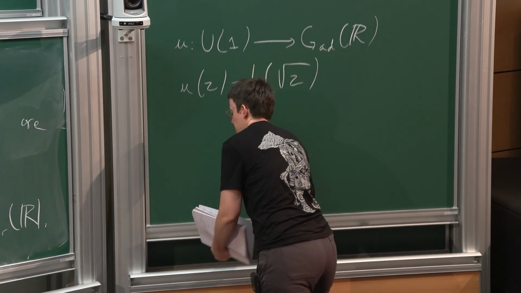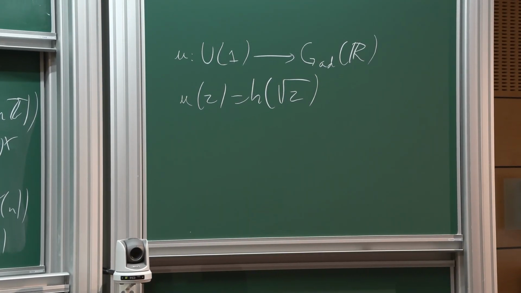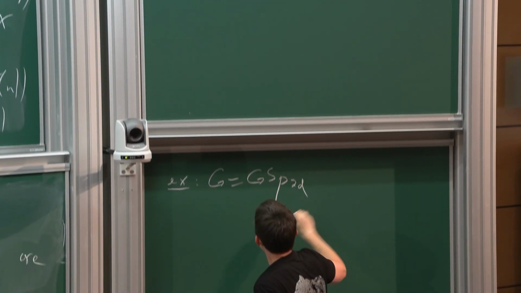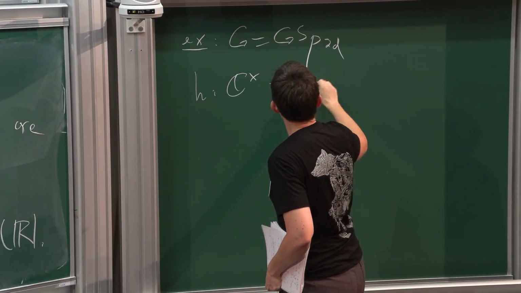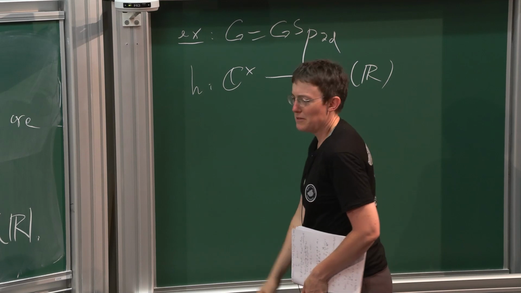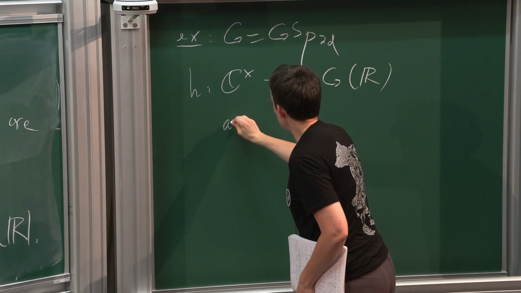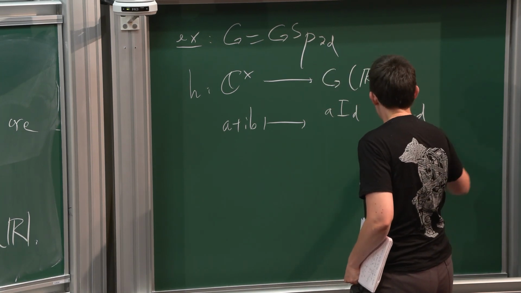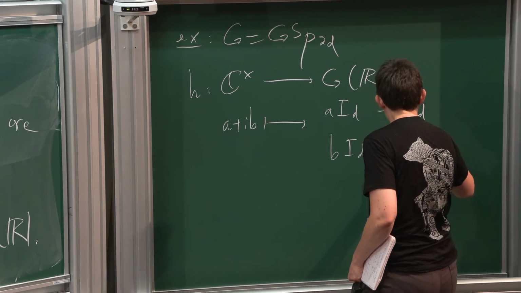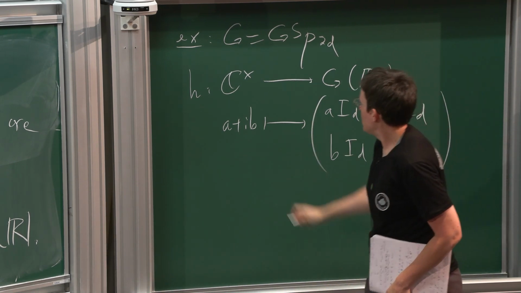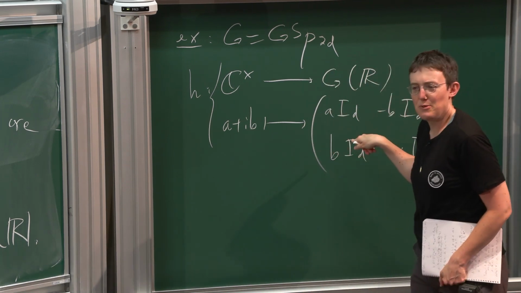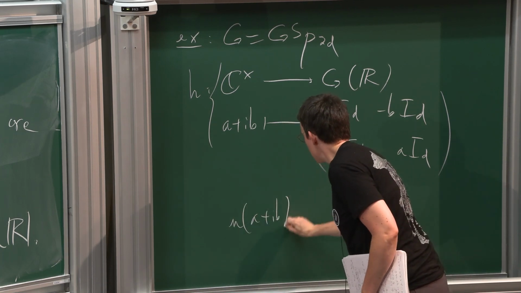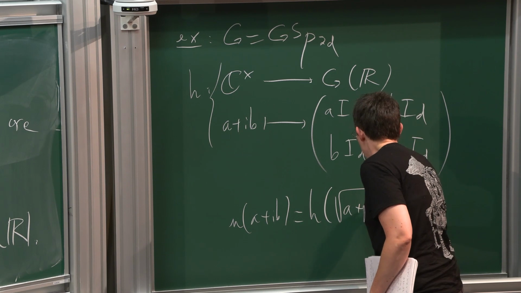So let me give you an example, because this is the only one we've had so far. Yesterday I told you that was U. That's not true. U of a plus ib is H of a square root of a plus ib.